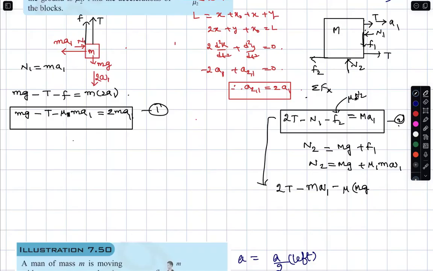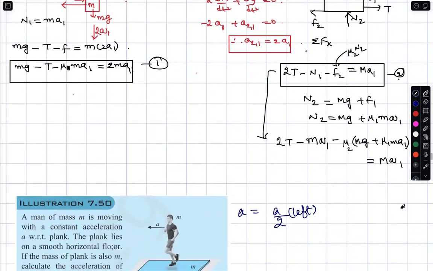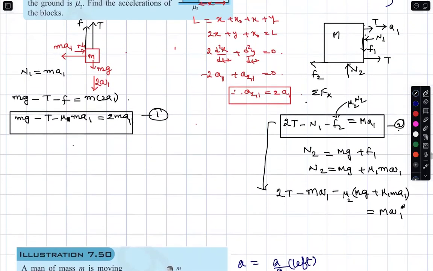And mu is nothing but mu2 here. A1. Boys, you have one more equation here.